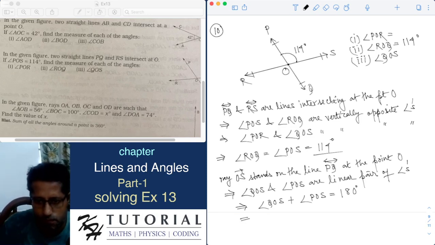Now this implies QOS we don't know, POS we know is 114 degrees. So this implies QOS plus 114 degrees is equal to 180 degrees.